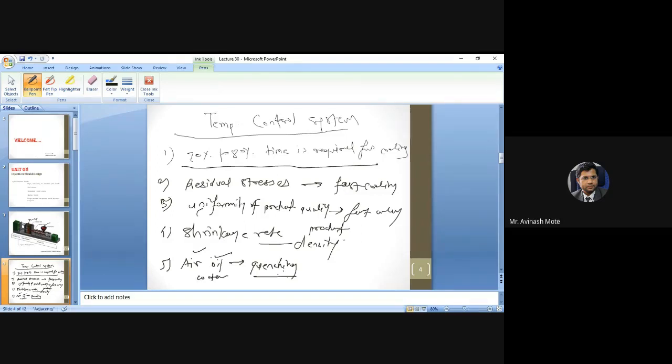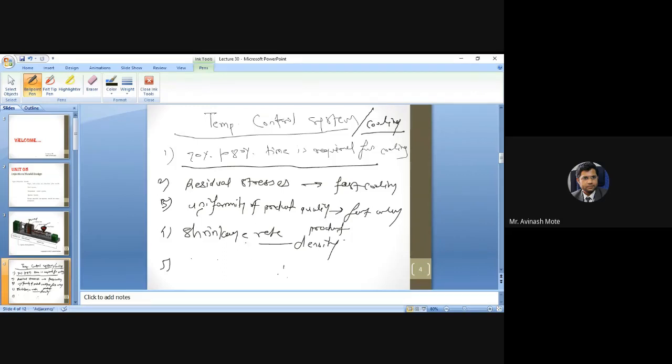Getting it? Okay. So this cooling rate will depend on the cooling media also. That is called the quenching media. So this temperature control system, in the sense a cooling system, because the heating system is not that important. Cooling plays a major role in the quality of the product.